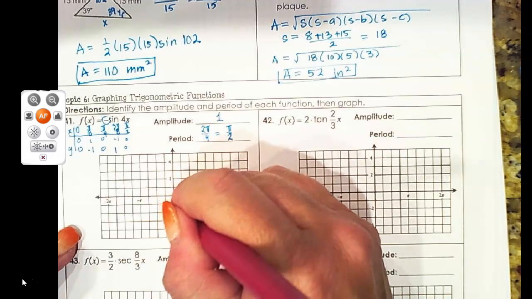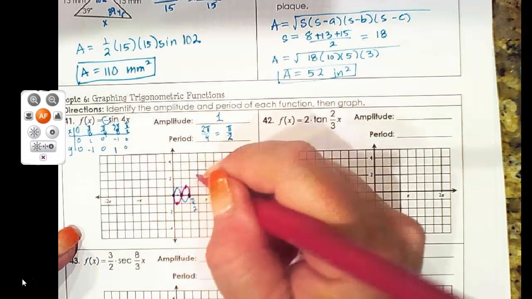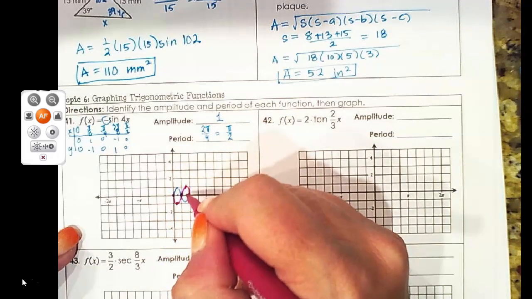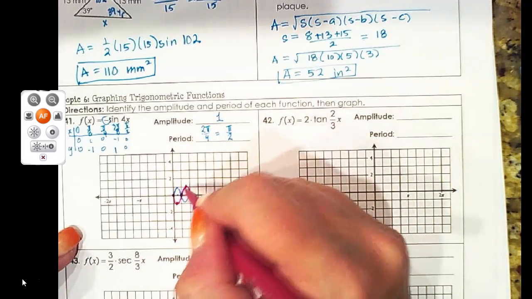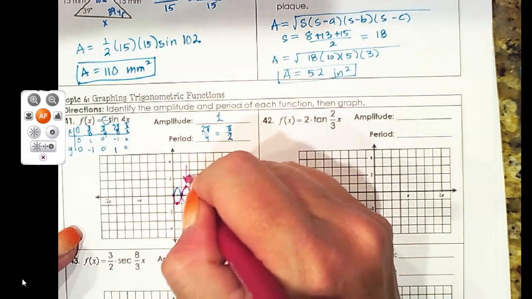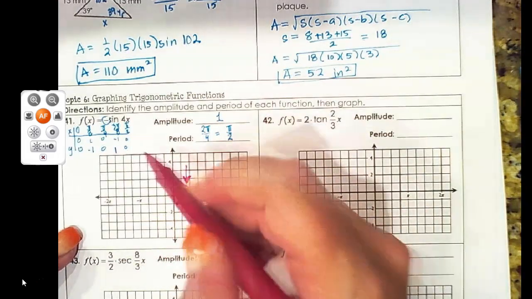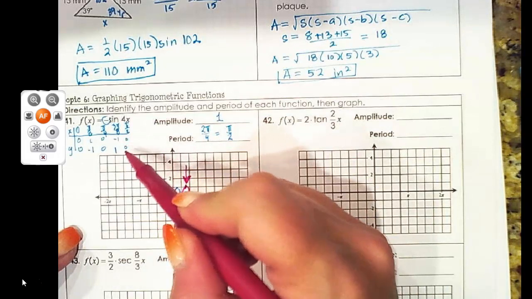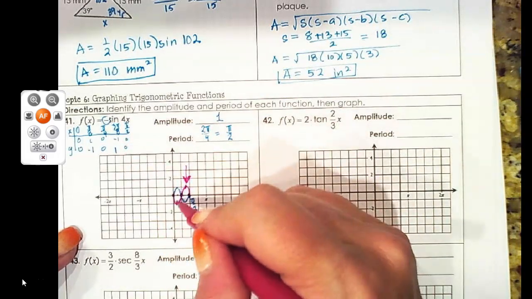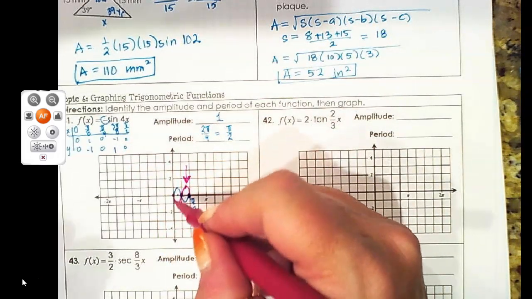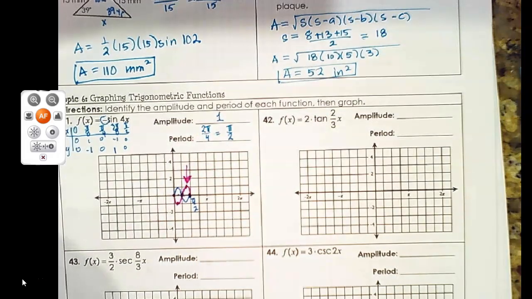So this pink curve is actually my solution. The reason I've taught you guys to make the table, and the reason I make the table, is I catch myself making mistakes with the reflection. So there it is. That's your curve.